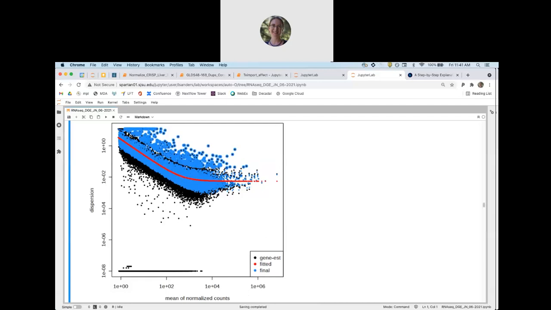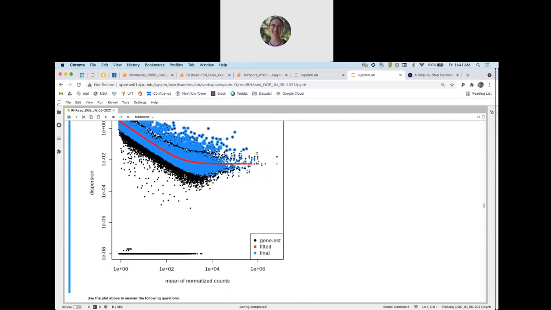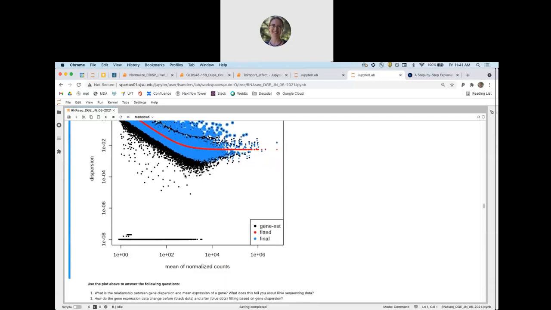The black dots are the values of the genes prior to estimating dispersion, and the blue dots are after estimating dispersion. So, yeah, no problem.